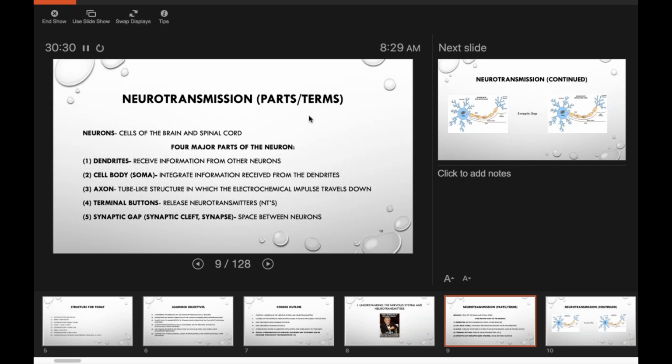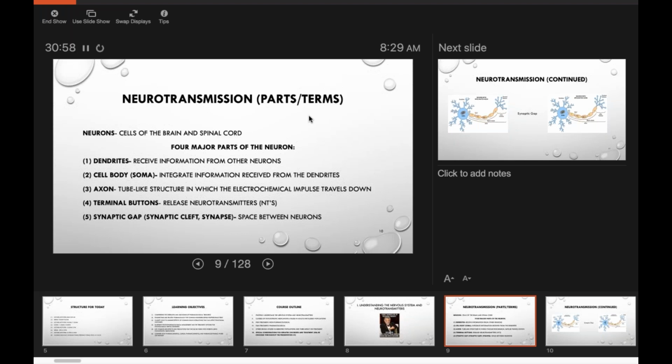Okay. Now, there's a long tube-like structure that goes down you. So you can think of it as your torso. That is the axon. That is going to send information, an impulse, down to the end of the neuron where there's pockets. So think of it as the pockets of your pants, or, if you're wearing pants, hypothetically, that has a pocket.